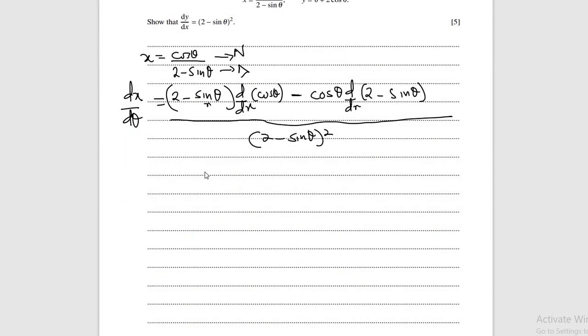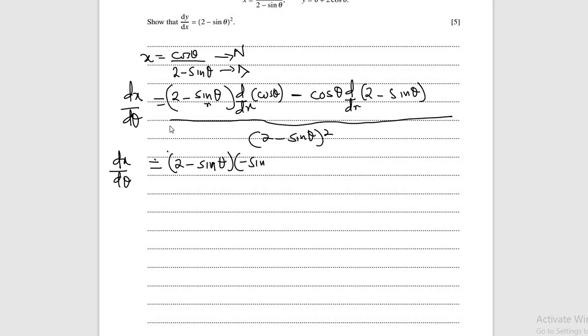So the dx by d theta will be 2 minus sine theta. When we differentiate cos theta, what do you have?